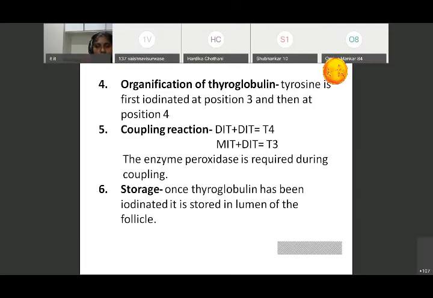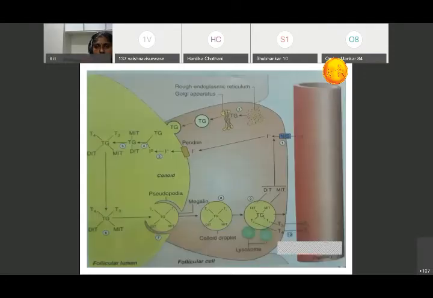Fifth is the coupling reaction. And sixth is storage. And this figure should be there when a short note is asked. Along with that, sometimes a long question may be asked, in which they may ask you to write down the function and synthesis of thyroglobulin. Six stages are there in the synthesis of T4 and T3.